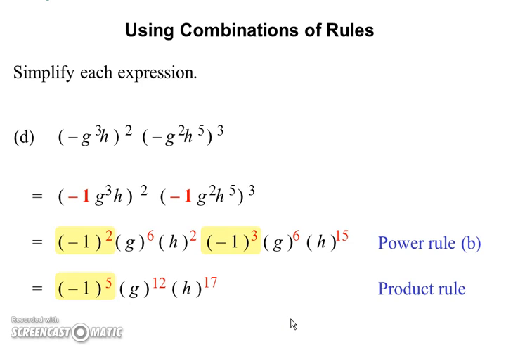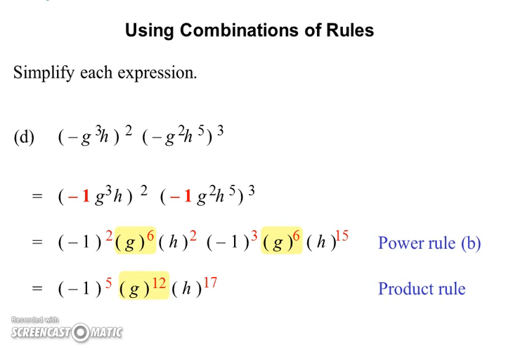We also have it raised to the third power. 2 plus 3 is 5, so we get -1 to the 5th power. g to the 12th, and that's because we have g to the 6th times g to the 6th. 6 plus 6 is 12. h to the 17th power, and we get that when we multiply h squared times h to the 15th. 2 plus 15 gives us 17. We keep the h, so it's h to the 17th.